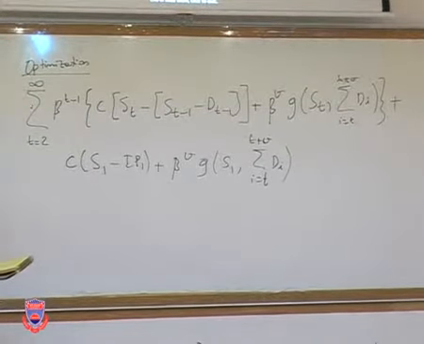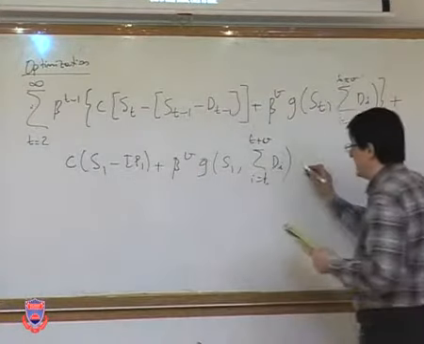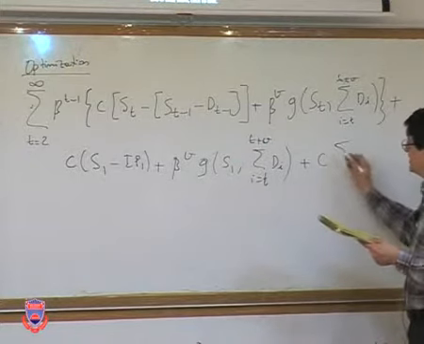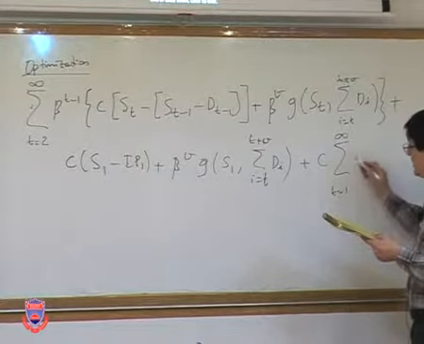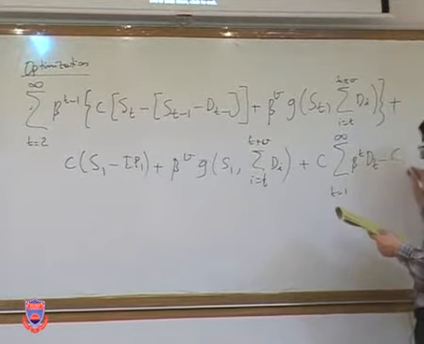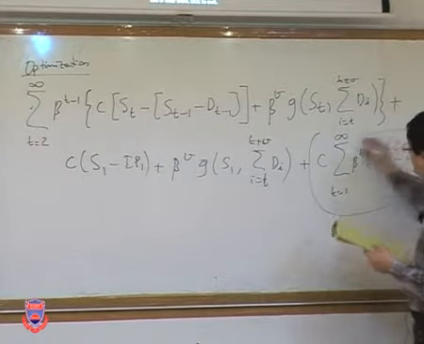And then I have some costs which are constant: C times the summation from t equals 1 to infinity of beta^t times d_t is a constant, minus C times IP1, and this is actually a constant cost.